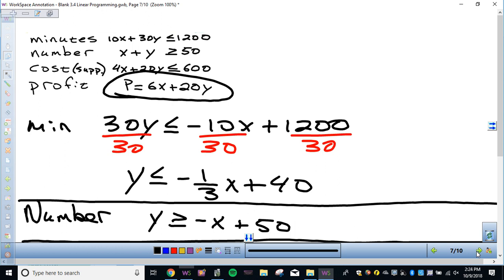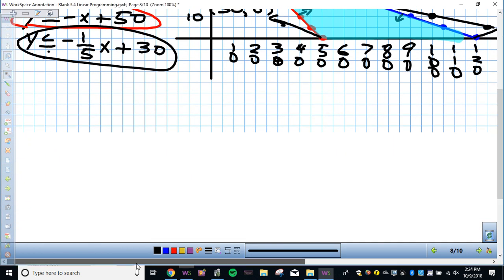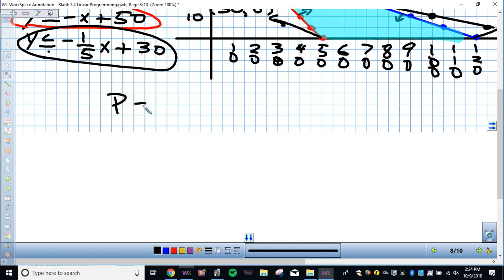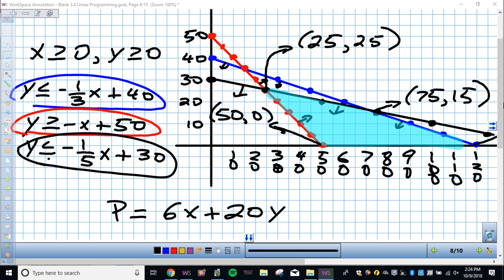So 6x plus 20y. And we'll just show that work down here. So P equals 6x plus 20y. So if we look at the ordered pairs, seeing that you're multiplying x by 6 and y by 20, what's your guess as far as what's going to be the point that maximizes? 75, 15, 25, 25, 120, 0, 50, 0.